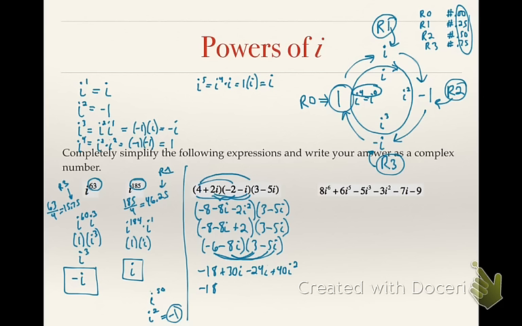The 30i and the negative 24i becomes a positive 6i, and the 40i squared becomes a negative 40, because i squared is negative 1. Negative 18 and negative 40 makes negative 58 plus 6i, and there's my final answer as a complex number. Done.